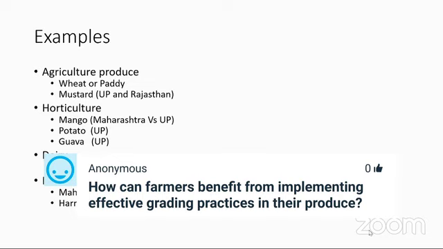So if you are grading it appropriately, you can get a higher price for the better quality produce, while you can sell the not so good quality produce to the processor at a minimal or below average price. Be it mango, potato, or custard apple, the story is the same everywhere. This is the first intervention we do in any value chain to improve profitability: aggregation and grading of the produce.